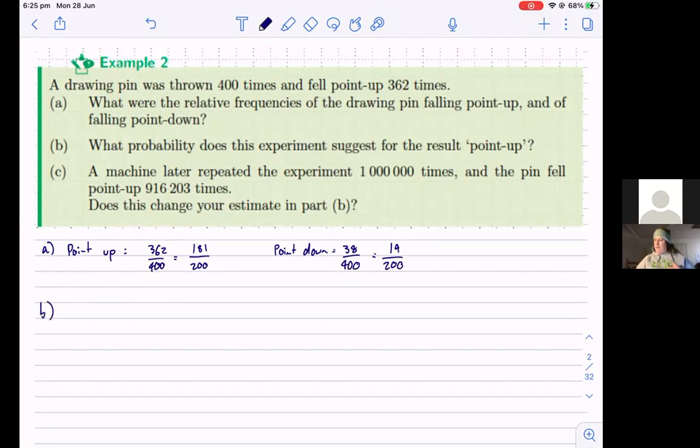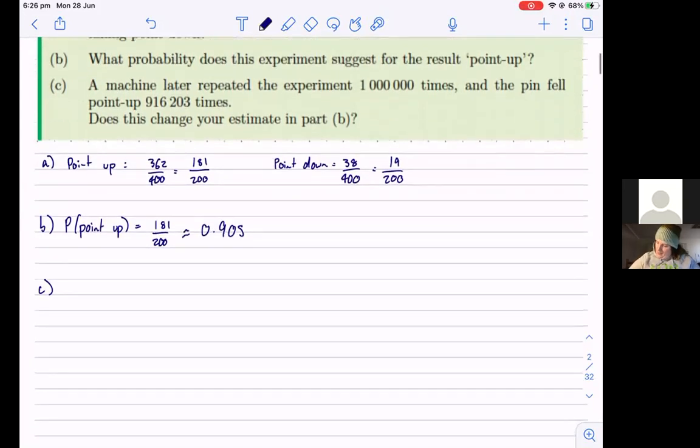Okay, point number B. What probability does this suggest for point up? P of point up. So this is suggesting that the probability of having it point up is 181 over 200, which is 0.905. And question C, the machine later repeated the experiment 1,000,000 times and the pin fell point up 916,203 times.